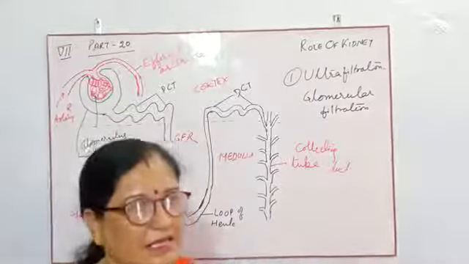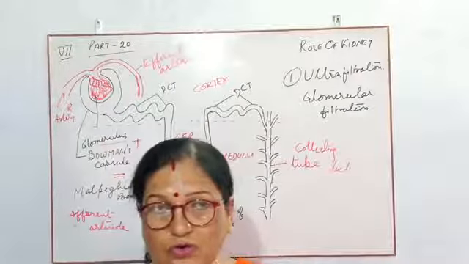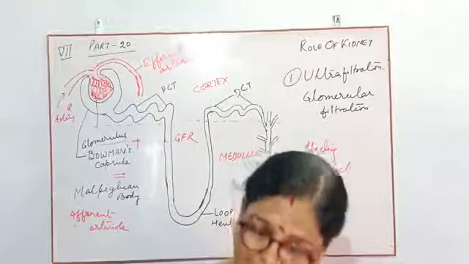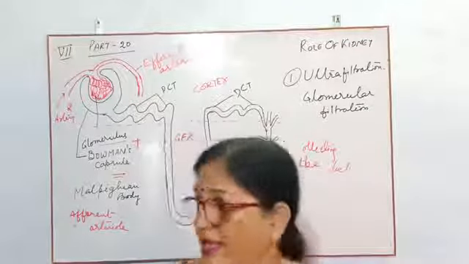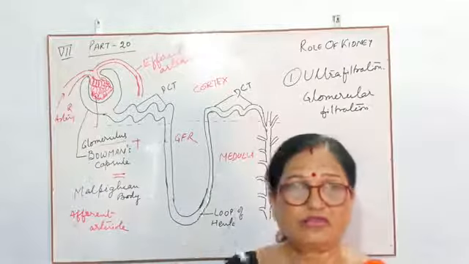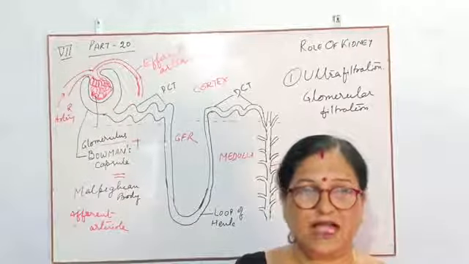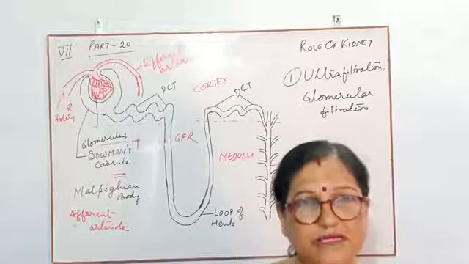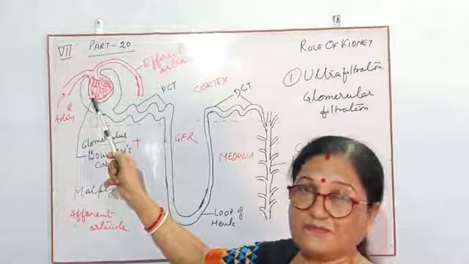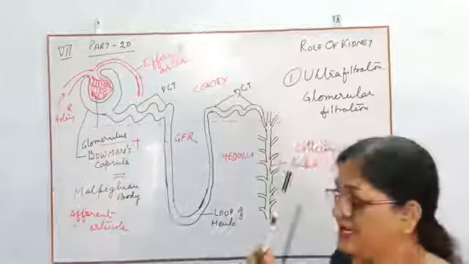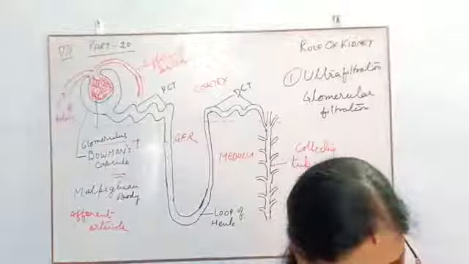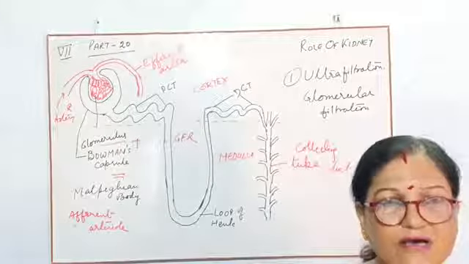It means in the afferent arteriole there will be no collision, no pressure will be created, or very little. And the efferent arteriole, because it is thinner than the afferent one, will create a large pressure and very slow movement of the blood takes place. That's why high pressure will be created in the glomerulus and it leads to ultrafiltration. So the first step for urine formation is ultrafiltration.